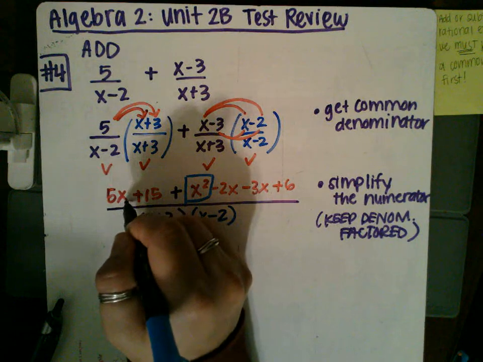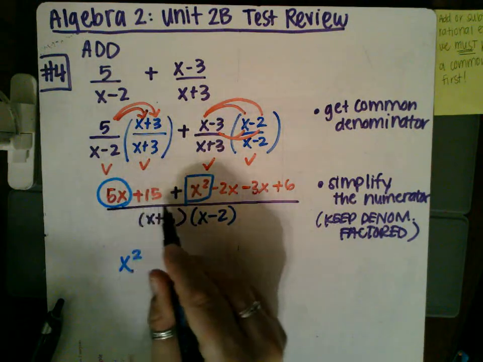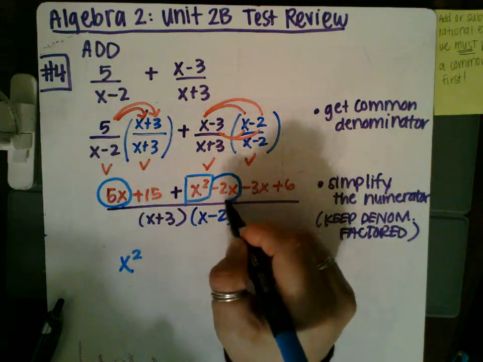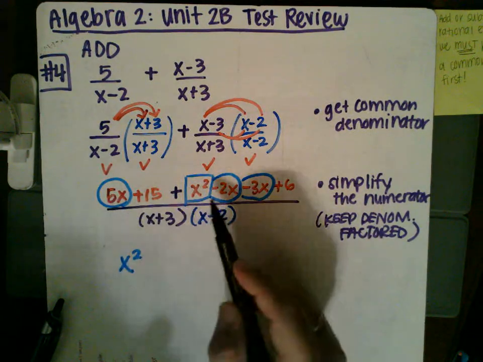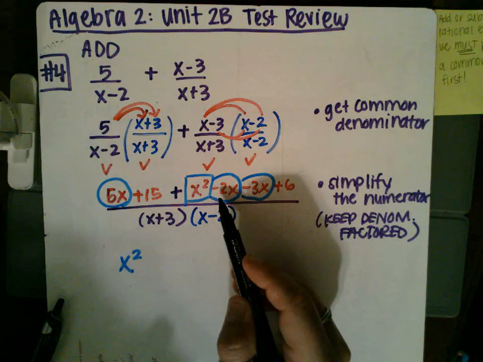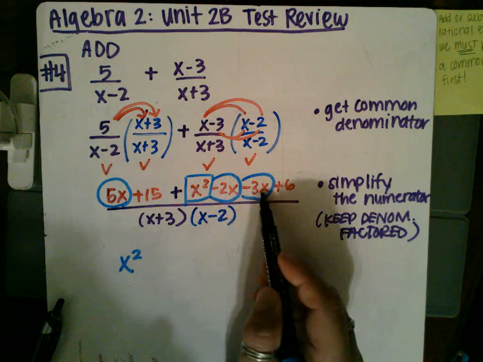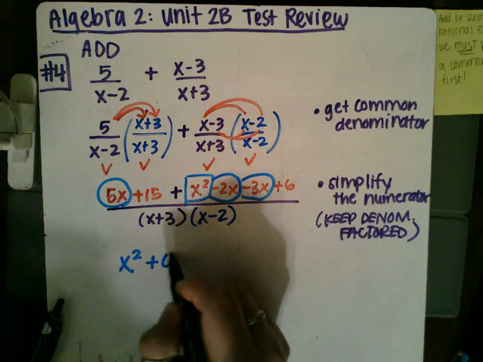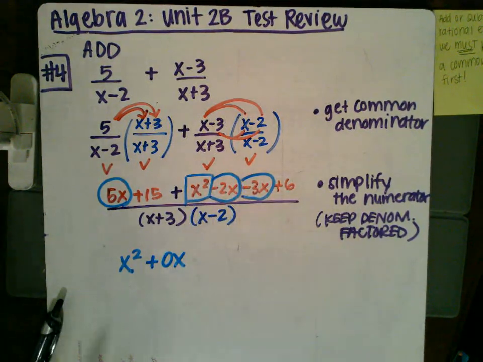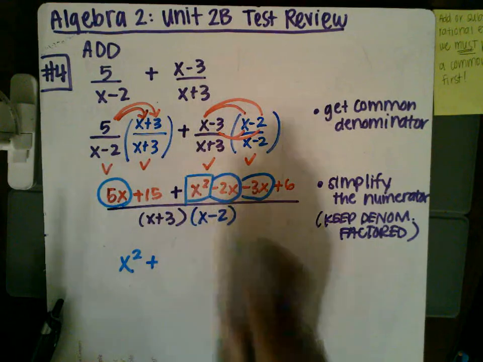Then I'm going to combine my x terms, 5x minus 2x minus 3x. So 5x minus 2x is 3x. And then subtracting 3 more x's is no x's. So I have plus 0x, or I usually just don't write anything at all.